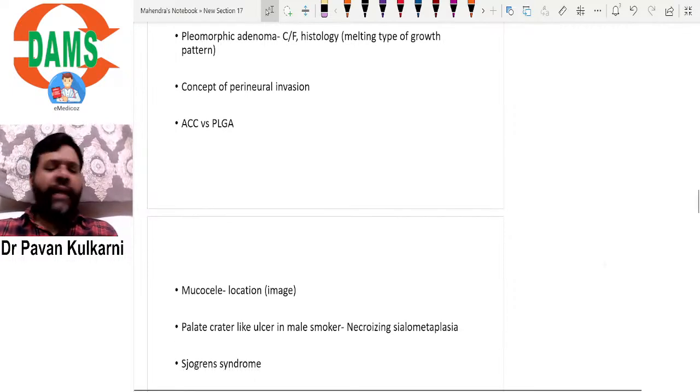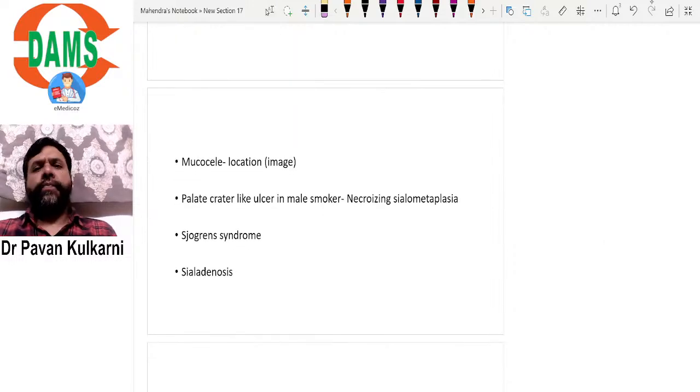Then we are expected to know about the mucocele. What is its location? The most common location, a blue colored lesion that you see on the lower lip. That is a classical image based question you are expected to know.